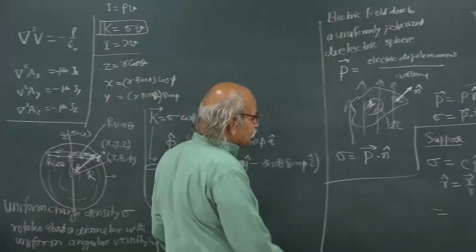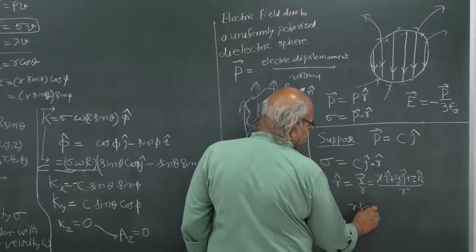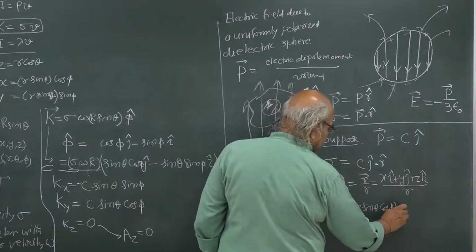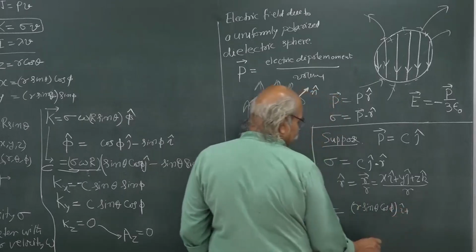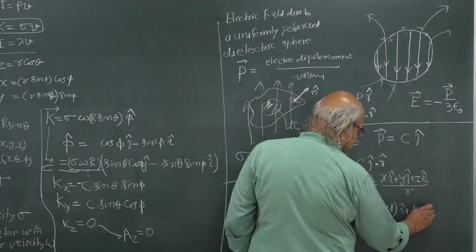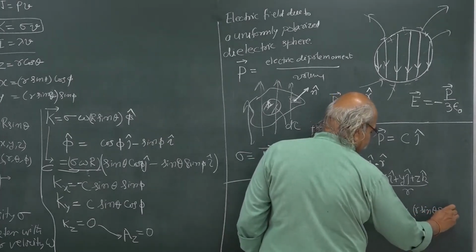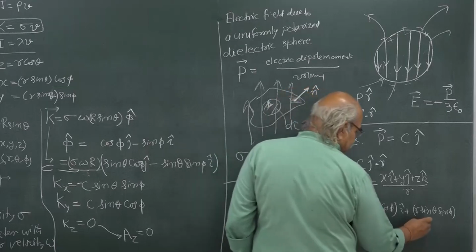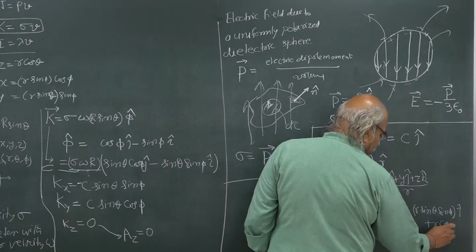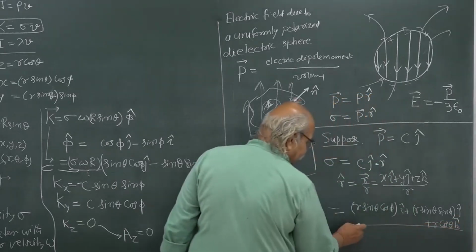So, x is r sin theta cos phi in the i cap direction, plus y is r sin theta sin phi in the j cap direction, plus z, r cos theta in the k cap direction, and this whole thing divided by r.